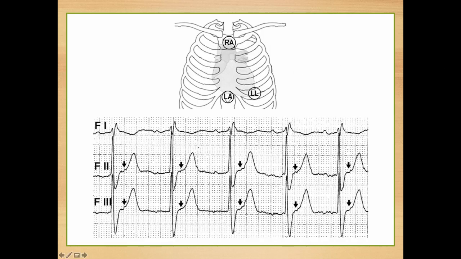So you see here I've got my white lead up here on the manubrium. I've got my black lead right here on my xiphoid, and I've got my red lead where I'd put my V4, and we monitor in lead 1, 2, and 3. That becomes F1, F2, and F3. And this really hones in on right ventricular activity, and you see all these little arrows pointing down.